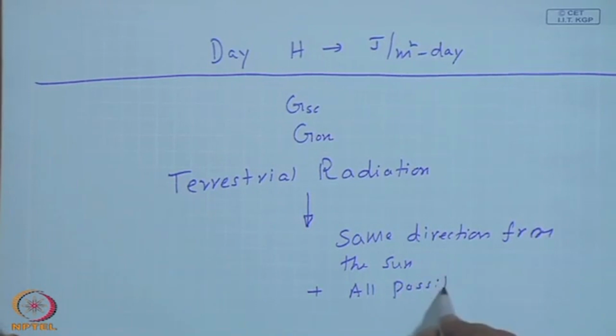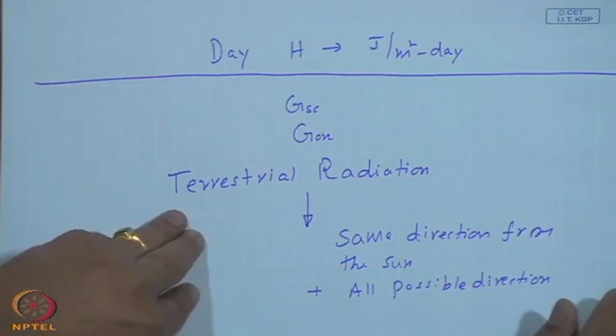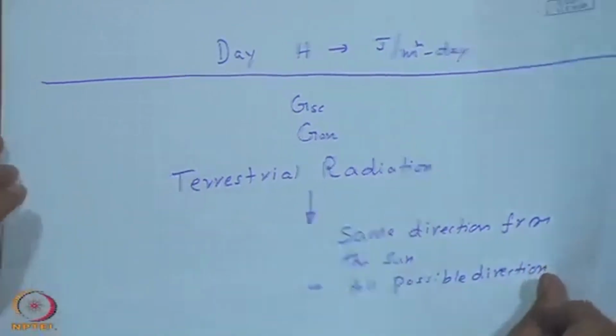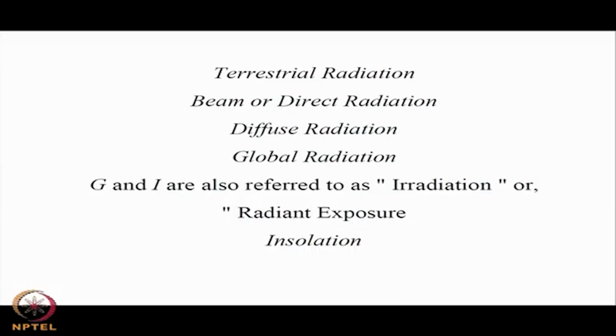This is the scattered part of it. So, G and I are also referred to by other terminology as irradiation and radiant exposure, and insolation is a very specific term that is used only for solar radiation, though we shall not use this terminology.